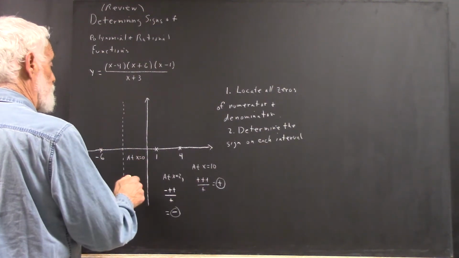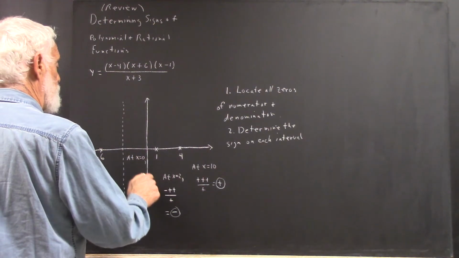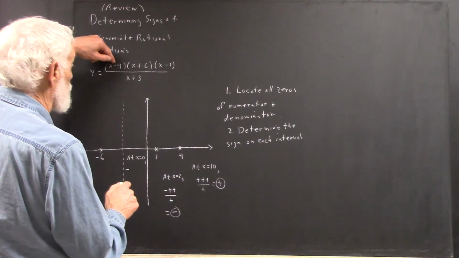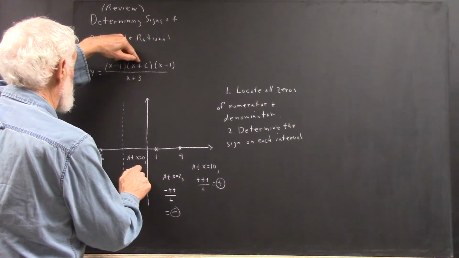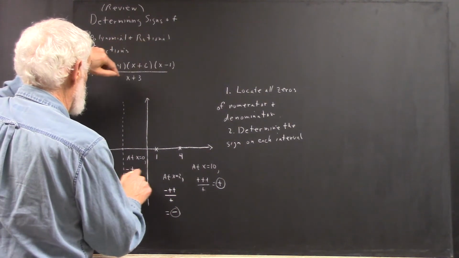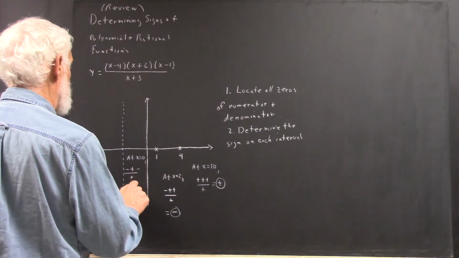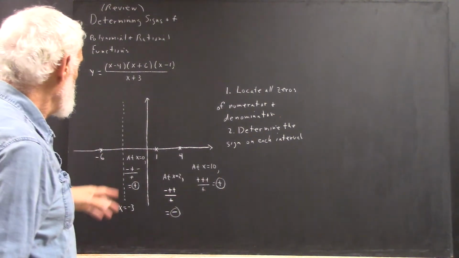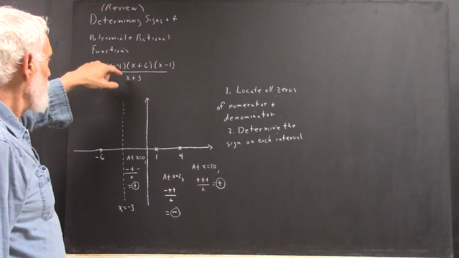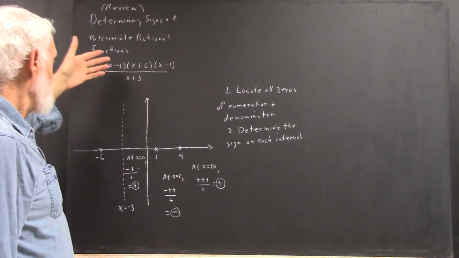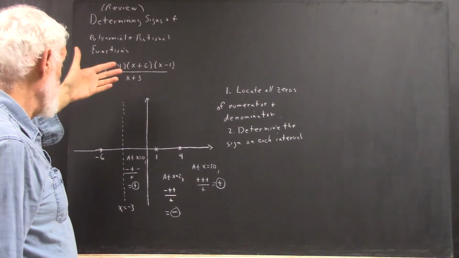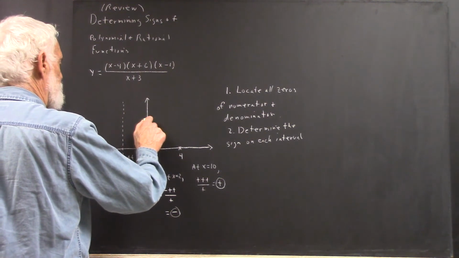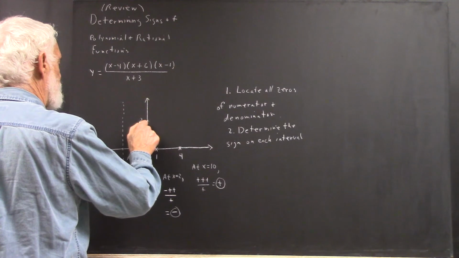At x equals 0, we get -4, +6, -1 over positive, and that's positive. Now while we're at it, we might as well go ahead and multiply those numbers. We get 24 over 3, which is 8. So we can even say that the y-intercept here is at y equals 8.